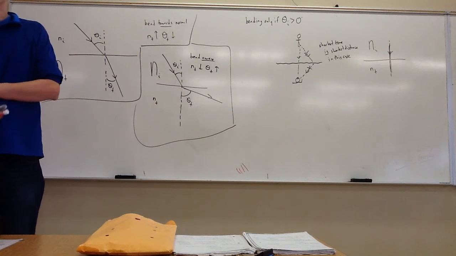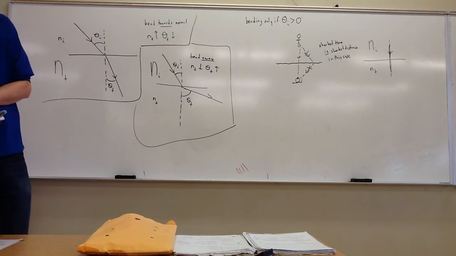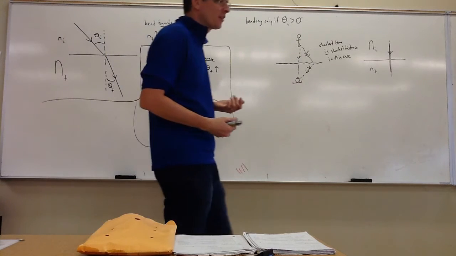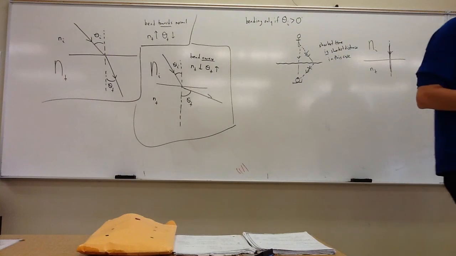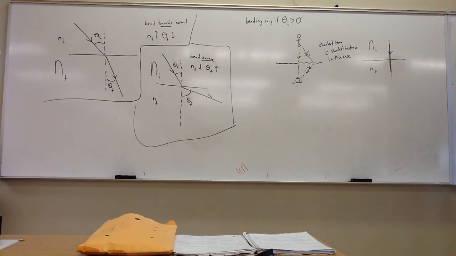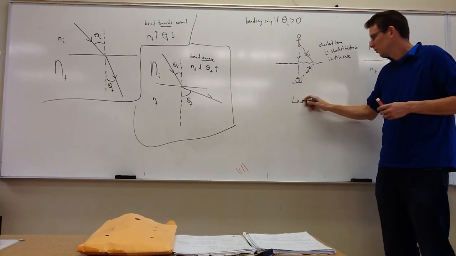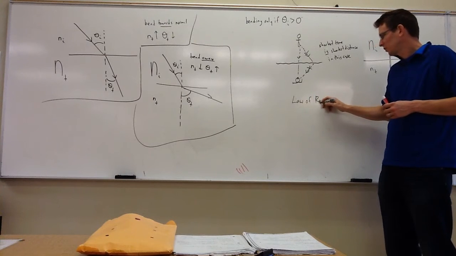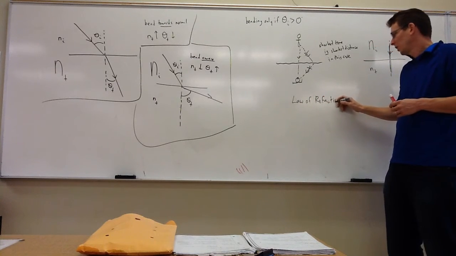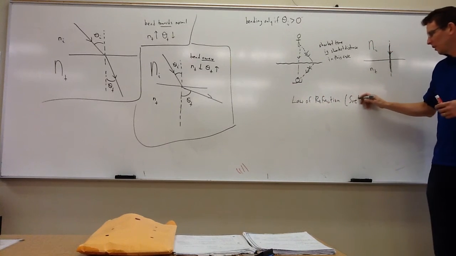So at this point, with all the conceptual things that I've told you, I'm going to write down the law of refraction, and it'll have these features, and hopefully that won't come out of the blue. It's the law of refraction, and its official name is Snell's law.